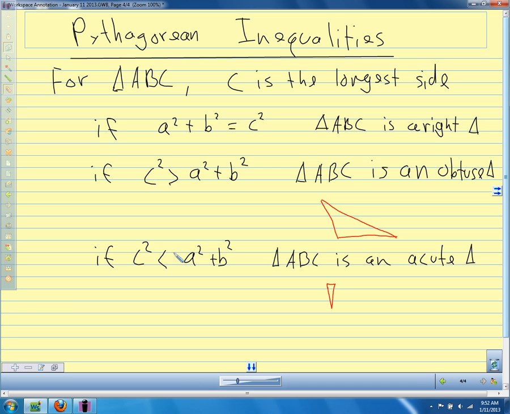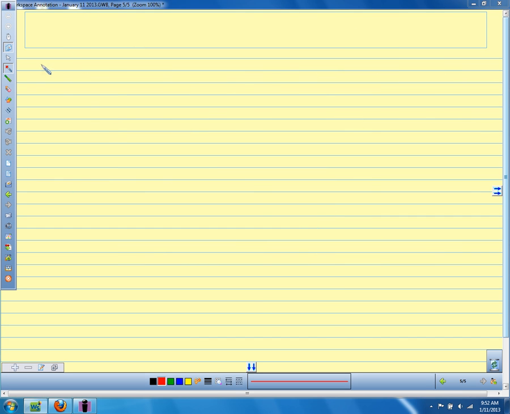So let's look at some examples of these inequalities. Any questions on the inequalities? All right. The type of question you might see is, what kind of triangle?